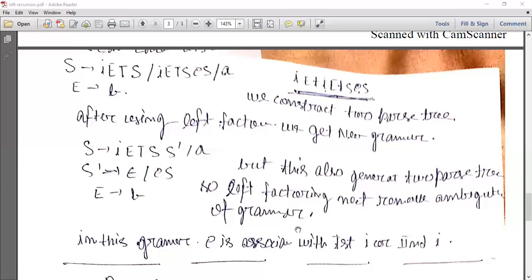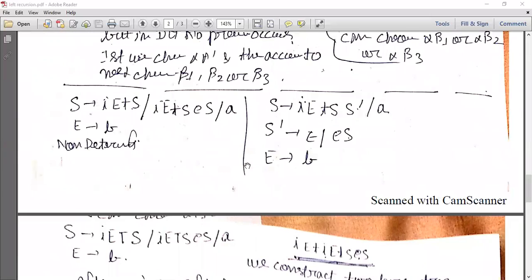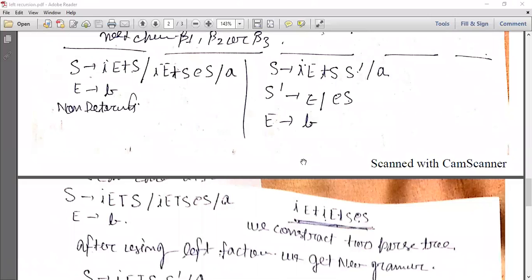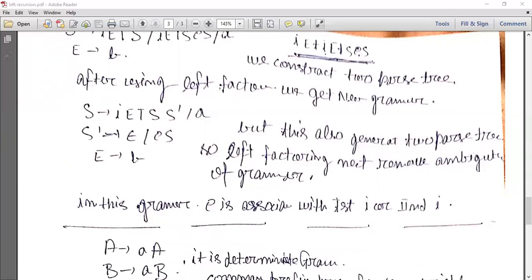There is no method that tells you, whenever you convert, that it is unambiguous. We check further whether it is ambiguous or non-ambiguous.